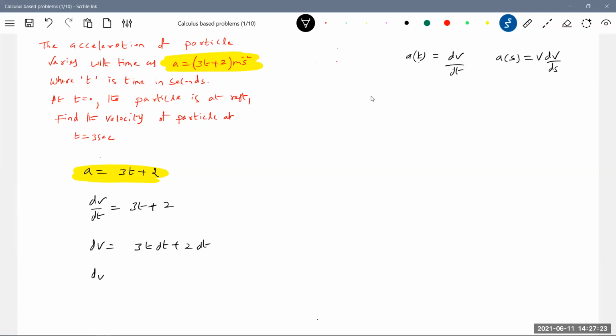Next step will go for the limits. At t equals 0, the particle is at rest, and at any time t, let v be the velocity.